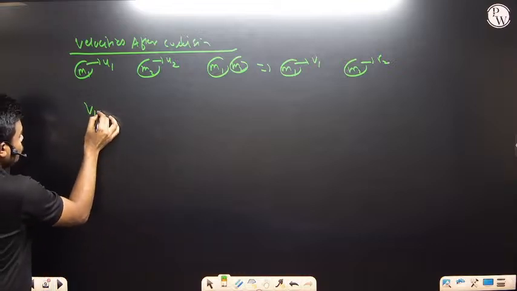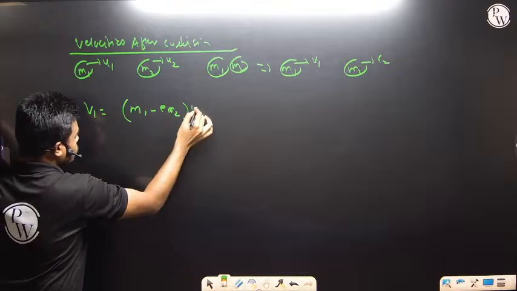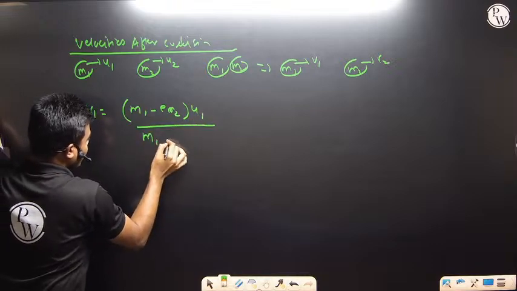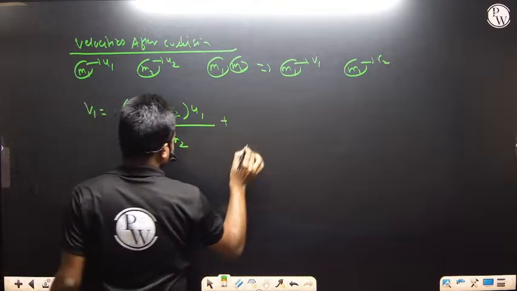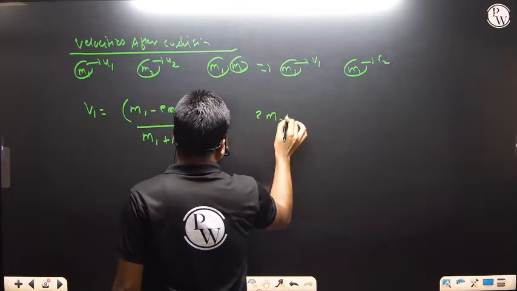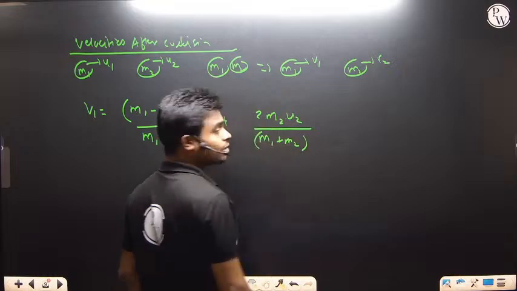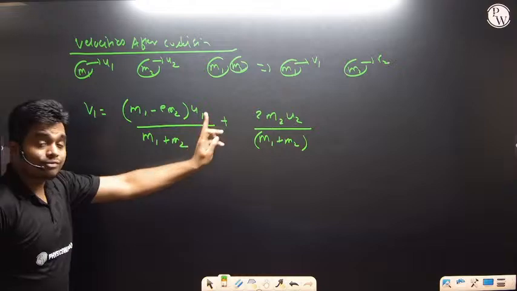So what is v1? v1 equals (m1 minus e m2) u1 divided by (m1 plus m2), plus 2 m2 u2 divided by (m1 plus m2). This is the velocity v1 after collision.